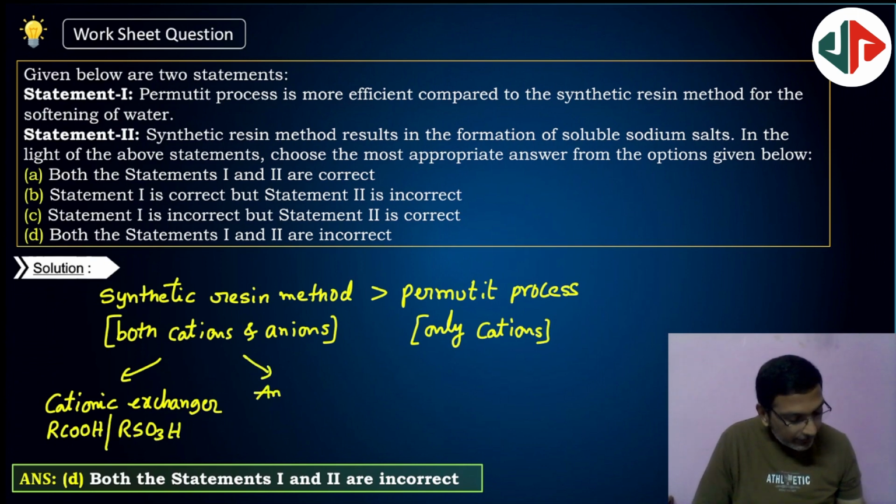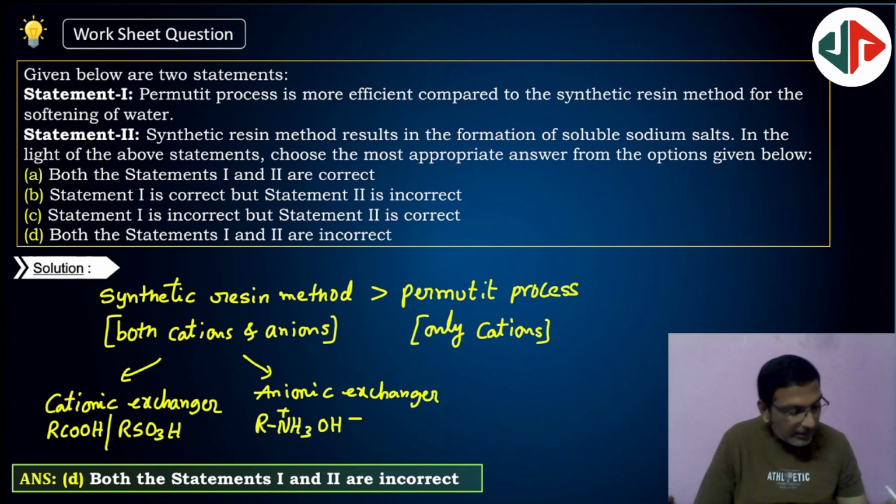Anionic exchangers will contain ammonium hydroxides. Here we will not get sodium salts. Therefore, both statements are incorrect. Option D.